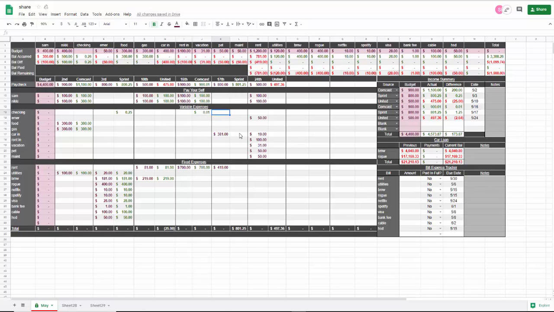All right, so we have 381, 419. So that leaves $1.25. Just keep that in checking.